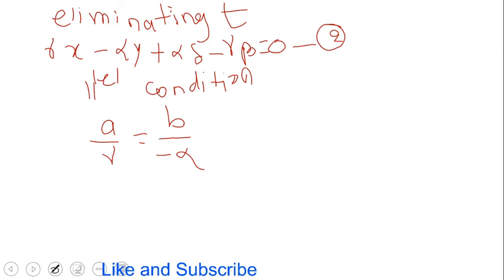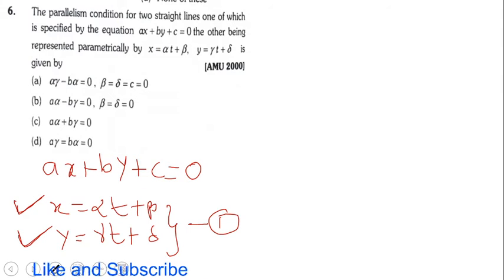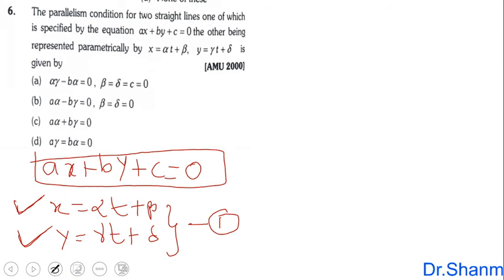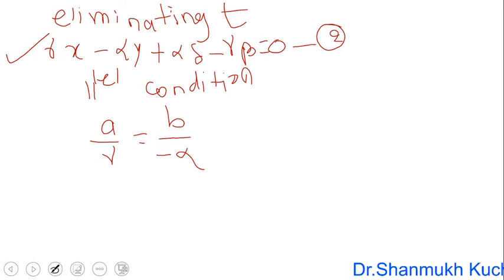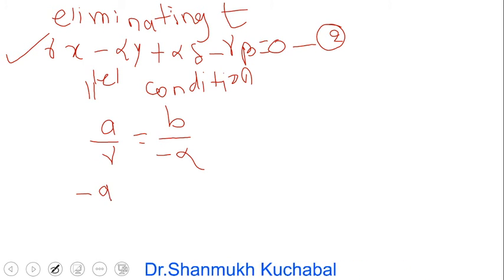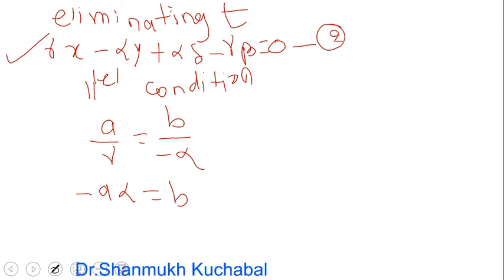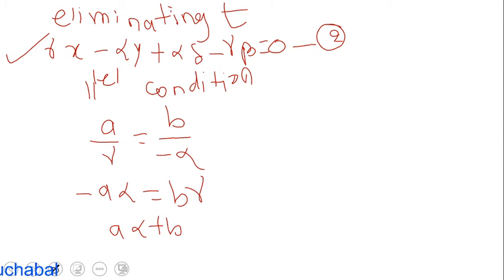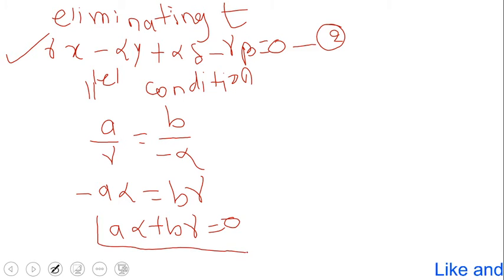I have taken the equation number 2 x coefficient and the first equation, so we have to divide them; that is our parallel condition. Then cross multiply, so minus a alpha equal to b gamma, take everything to the RHS, and we get a alpha plus b gamma equal to 0 here. So this is the solution we get.